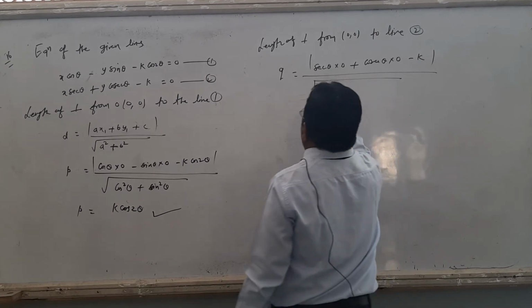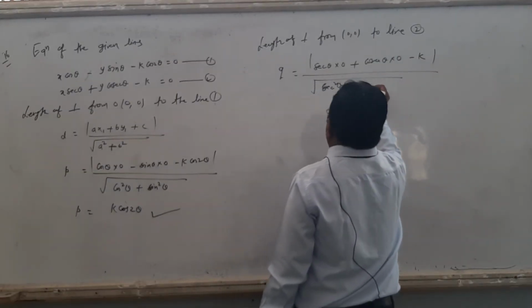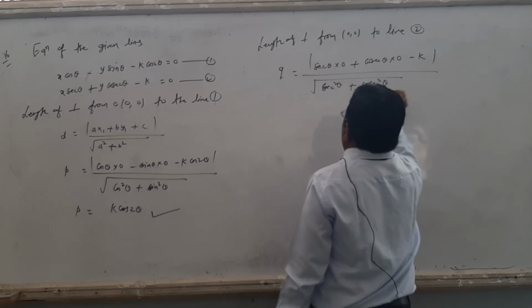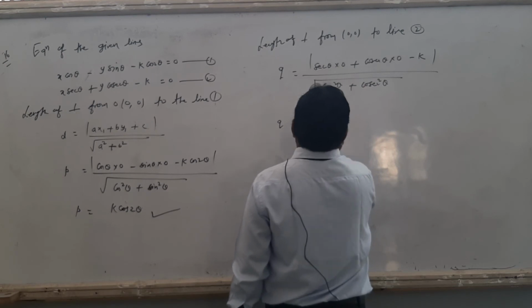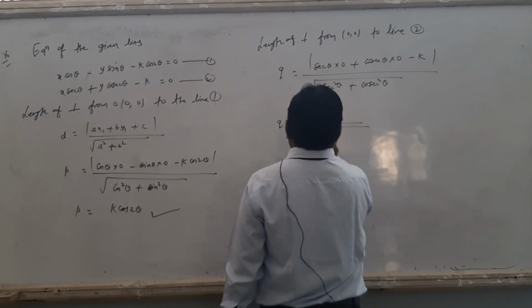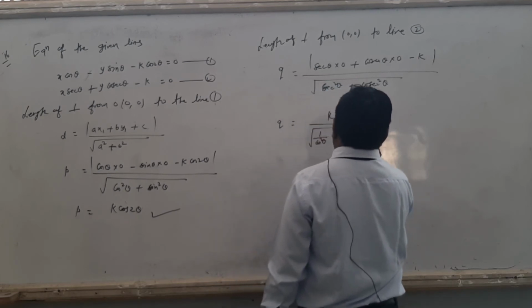That means the coefficient of x is sec theta and the coefficient of y is cosec theta. So q equals first term 0, second term 0, left is k, and now sec theta is the reciprocal, 1 upon cos theta, and cosec theta is 1 upon sin theta.